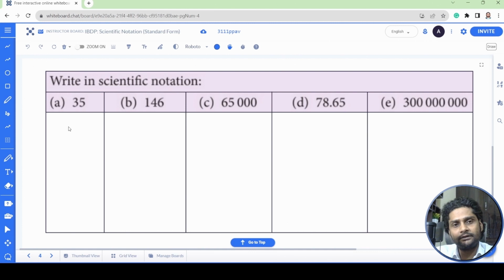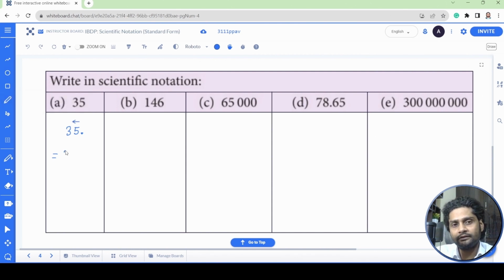So let's say it's 35. You can imagine that the decimal lies at the end. Now, in order to write it in standard form, we want the format a times 10 raised to the power of something, with the first number between 1 and 10. So we shift the decimal towards the left by 1 digit.